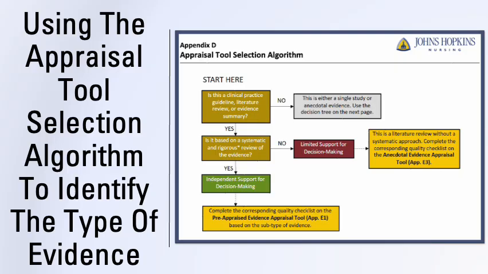If you answer no to systematic and rigorous review, then you have a literature review without a systematic approach, which is anecdotal evidence. If you answer yes to systematic and rigorous review, then you have a pre-appraised piece of evidence.